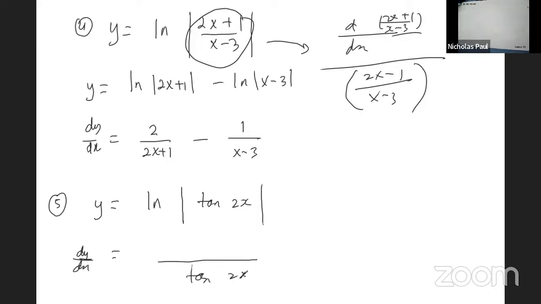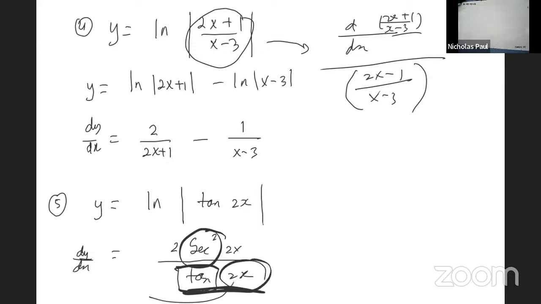What's the differential of tan? Sec squared. What's the differential of 2x? 2. So it will be 2 sec squared 2x. Remember to differentiate tan, you differentiate tan first, and you differentiate 2x, and then write back 2x.